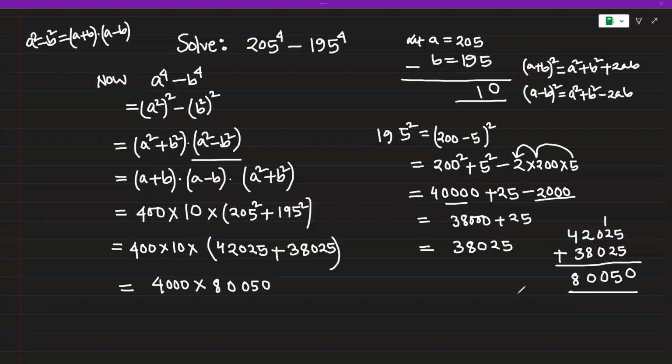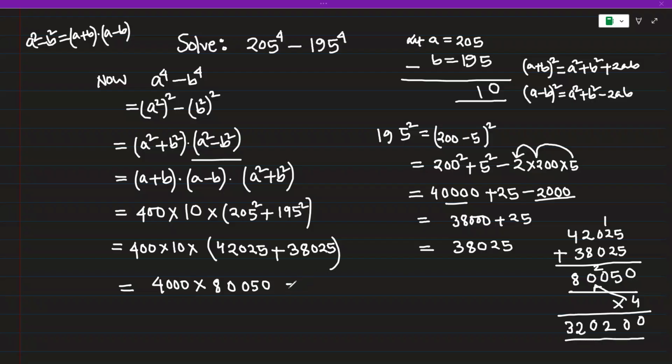80,050. Now 80,050, if we multiply with 4, so we got 0, 4 times 5, 20, 2 carry, again 4 times 0, 0, and then we add 2, 4 times 0 will be 0, 4 times 8, which is 32.